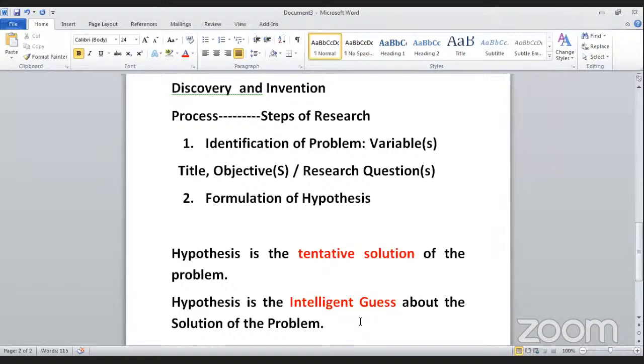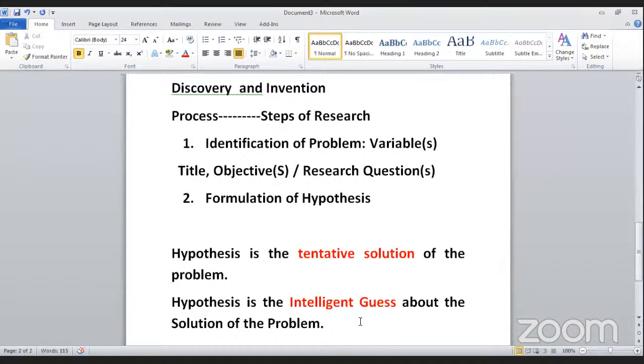Because you are trying to find out what type of questions were asked in the last 5 years. And then after analyzing them, you might be thinking that most probably the question will be asked from this particular portion of the syllabus.